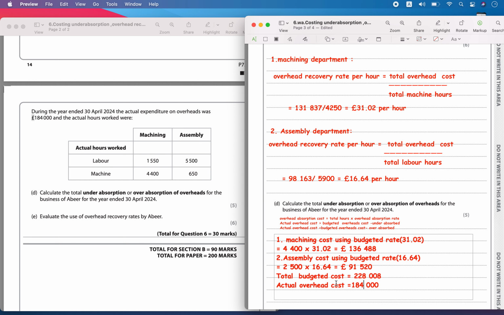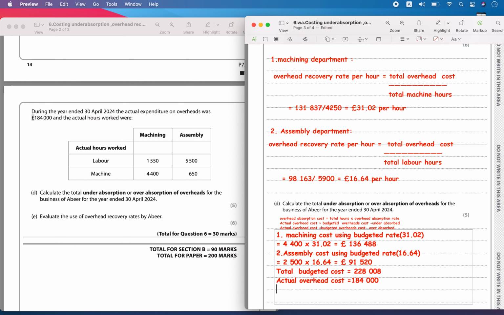So now my actual overhead cost is much less than my budgeted cost, which means that I have performed well. I have over absorbed my overhead costs. You can write it as over absorbed overhead cost.